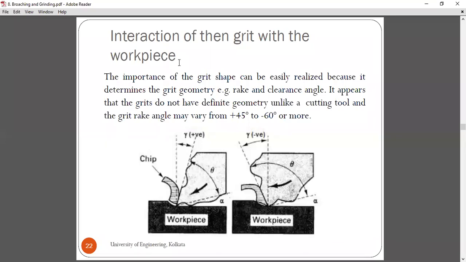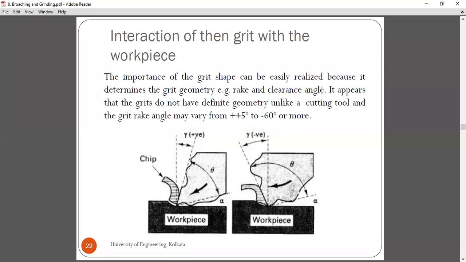So that is not defined. And even the shape of the grit may not be wedge shaped in all cases. Let us quickly see the importance of these angles here. The importance of the grit shape can easily be realized because it determines the grit geometry, that is the rake and the clearance angle.